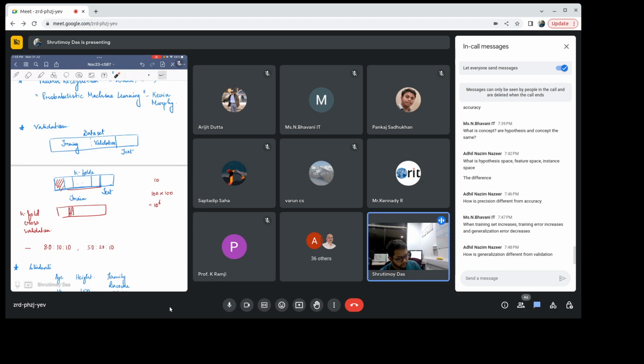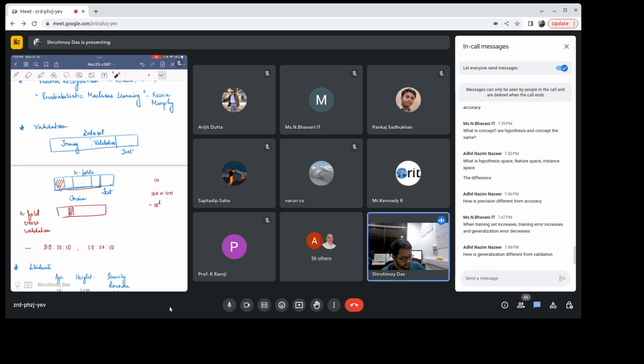We cannot look at the test set because it is not available to us. We want to check how good our model performs based on the training data. For that, we use this validation set. Validation set is a proxy for the test set, you can say.